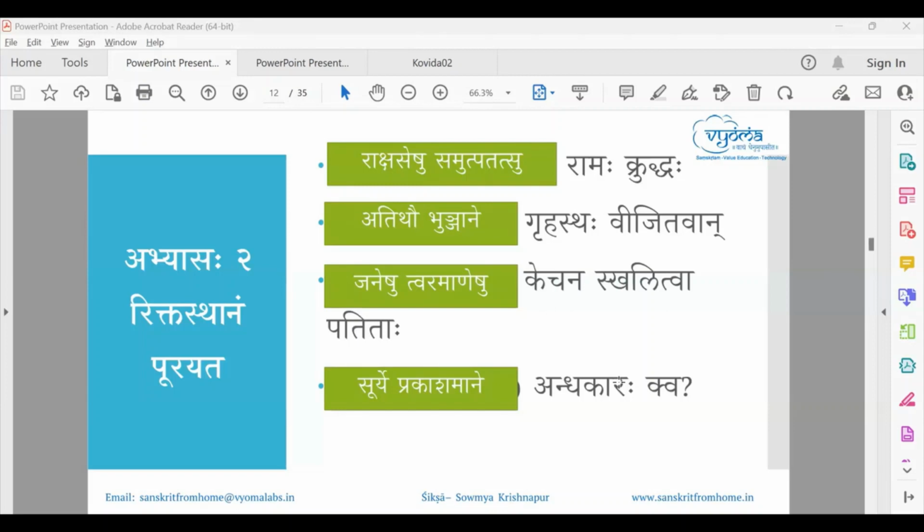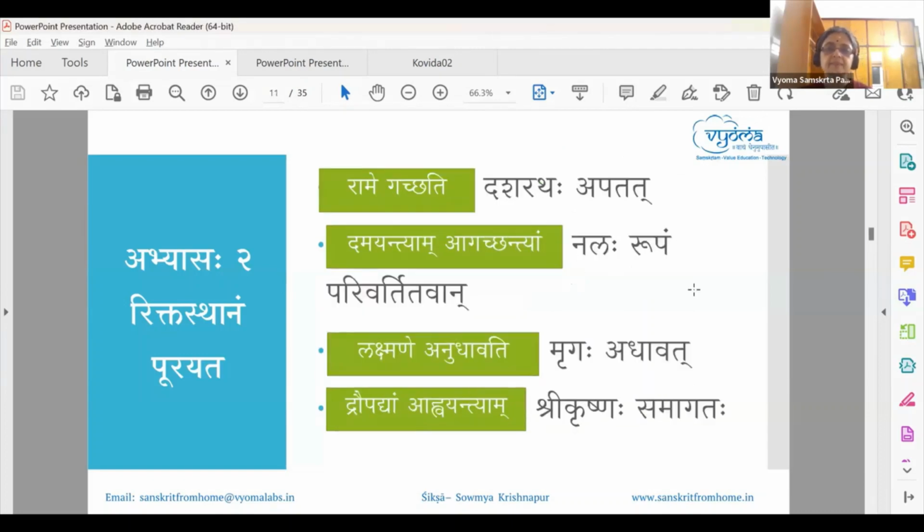This previous slide I had a doubt. Can I ask? Yeah, sure. So, for example, Ramaha Gachan Dasharathaha Apatat. So it is a Shatru Pratyaya usage, correct? Correct. Now, Rame Gacchati. The previous meaning is Rama, the going Rama, technically.